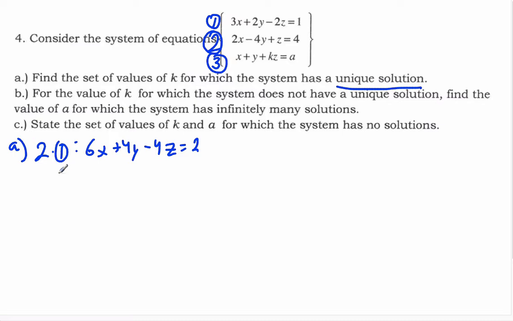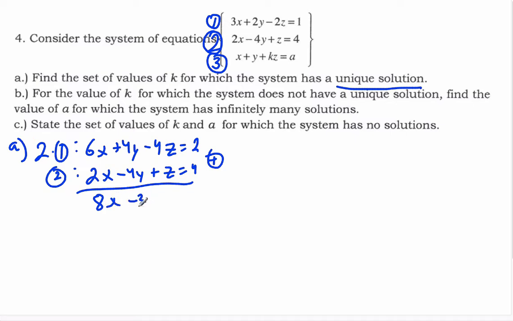2 times 1 is 6x plus 4y minus 4z equals 2. And then I'm going to take equation 2, which is 2x minus 4y plus z equals 4, and the y's match. I'll add and get 8x minus 3z equals 6. Okay, perhaps I'll call that equation 4 if we need it later. And now I'm going to use these two equations to cancel out a y.